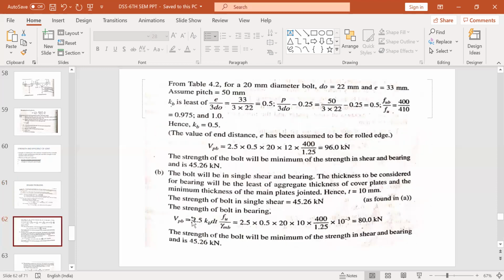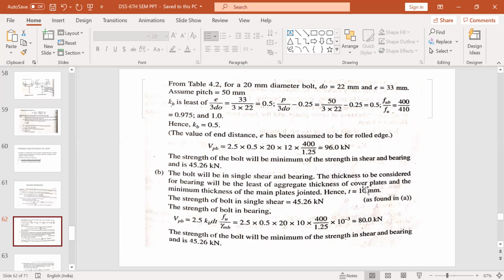So now again here the bolt will be in single shear and bearing. The thickness to be considered for bearing will be the least of the aggregate thickness. These things are given in the specification: what thickness you have to consider for the cover plate, and if one plate has one thickness and another plate has a different thickness and you are connecting both, which thickness should you consider?